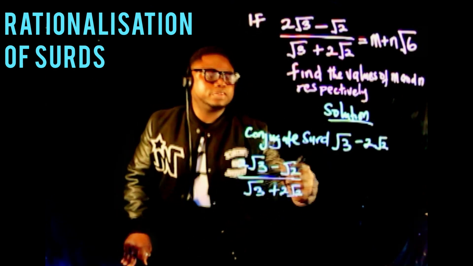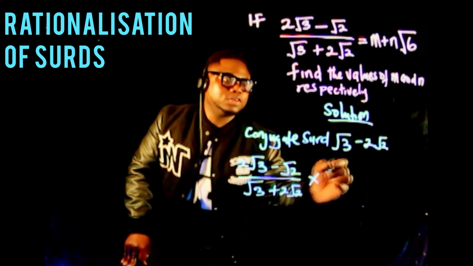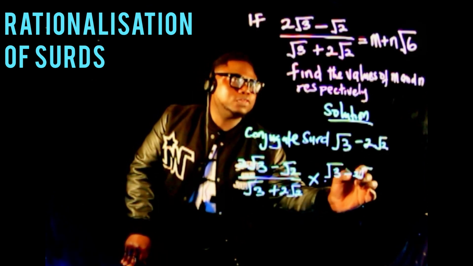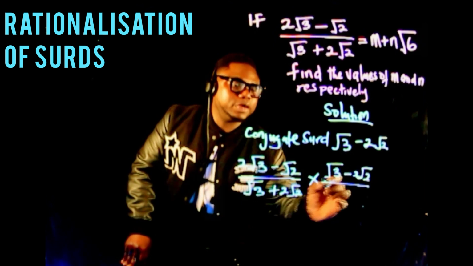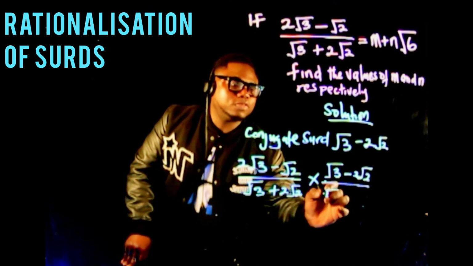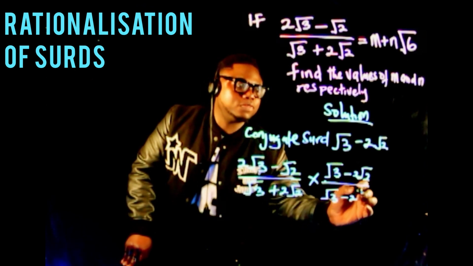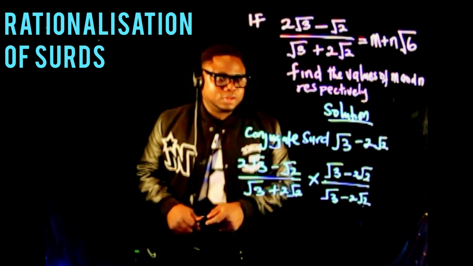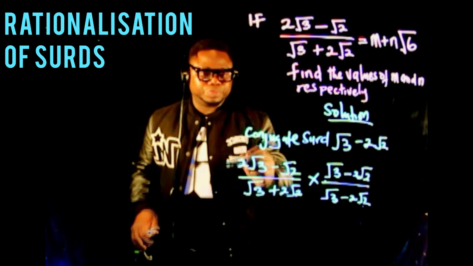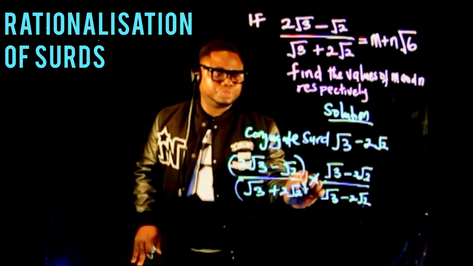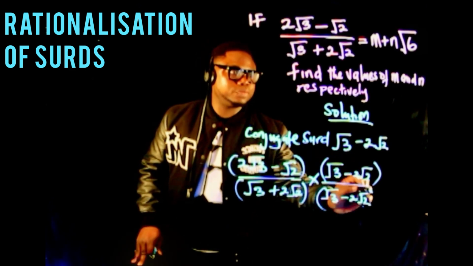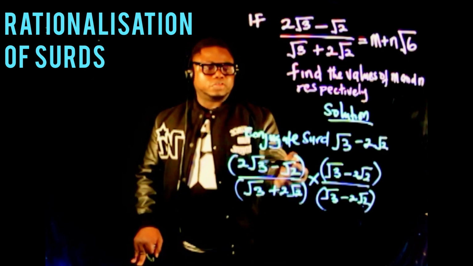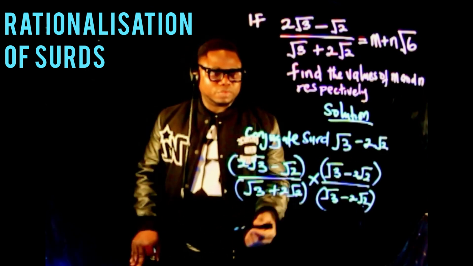I'll multiply this by the conjugate, which is root 3 minus 2 root 2 divided by root 3 minus 2 root 2. This is what I'm going to use to multiply the numerator and the denominator of this surd, because every term in the first bracket in the numerator is going to multiply every term in the second bracket.